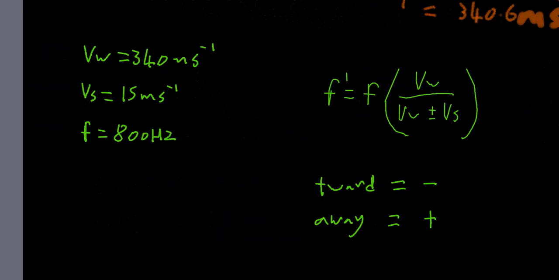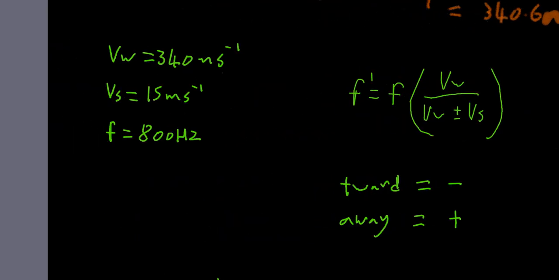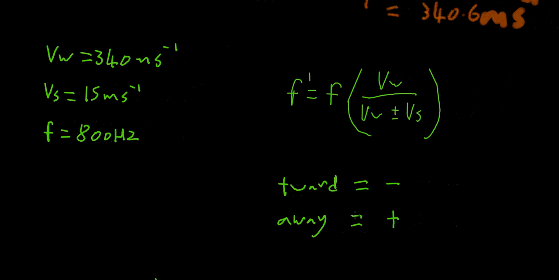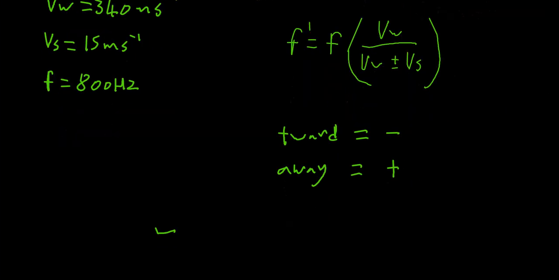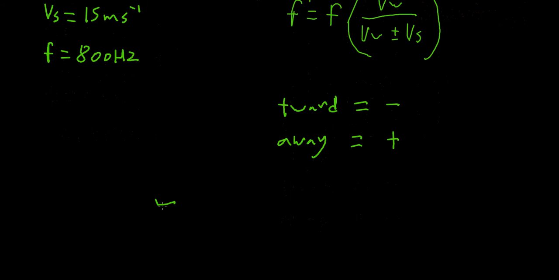So enough of that, let's get on to plugging in the variables. So let's do it down here. The apparent frequency is what we're trying to calculate, so there's no need to rearrange at this stage.